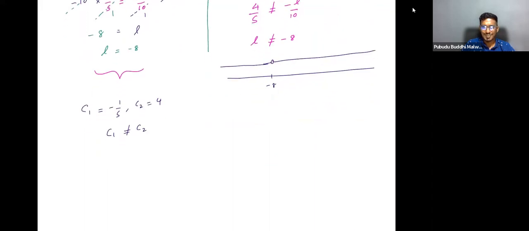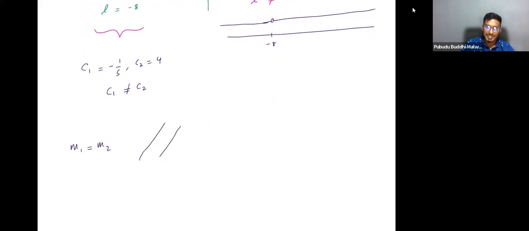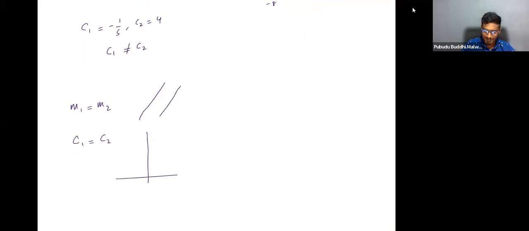But on some occasions, this can happen. M1 equals M2, which means slopes are equal like this. But then if C1 also equals C2, then we are talking about something interesting. Same y-intercept, which means we will get the same line like this.